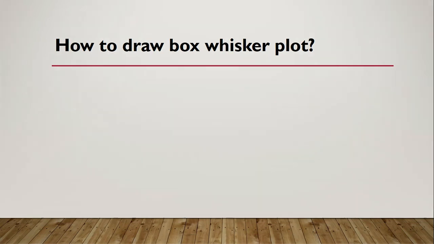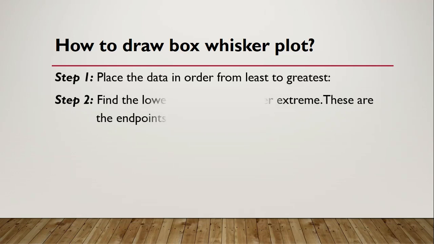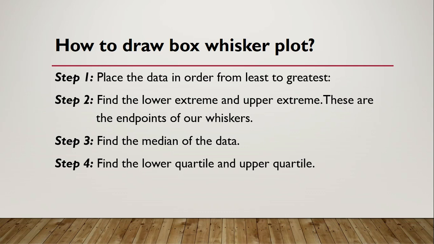So the whiskers are this part here, and the box is in the middle, that is why it is called box and whisker plot. After finding the lower and upper extremes, we need to find the median, or the second quartile, and we find the lower quartile, Q sub 1, and upper quartile, Q sub 3. And finally, we draw the box and whisker plot.